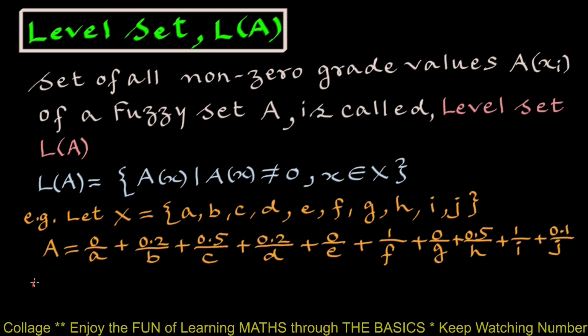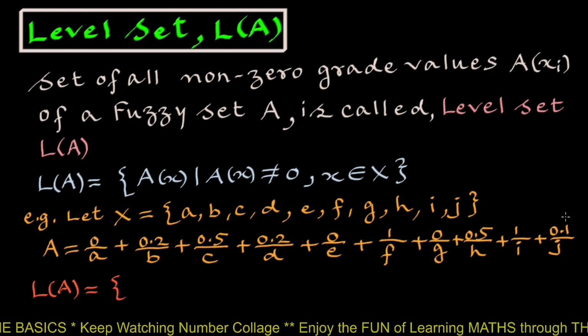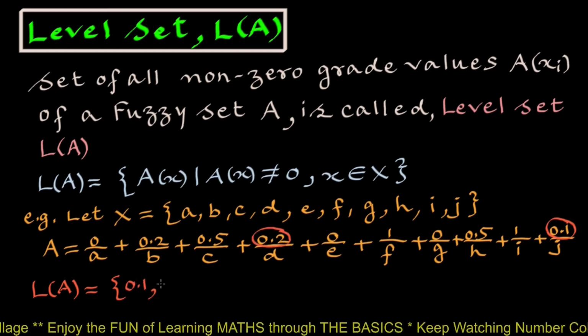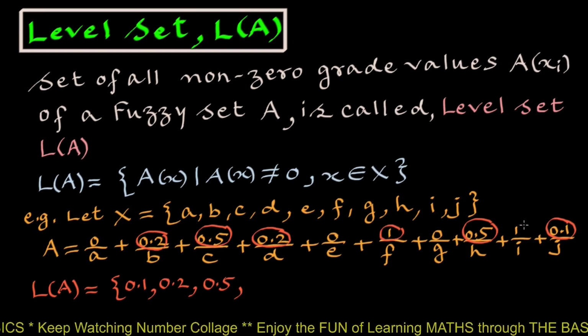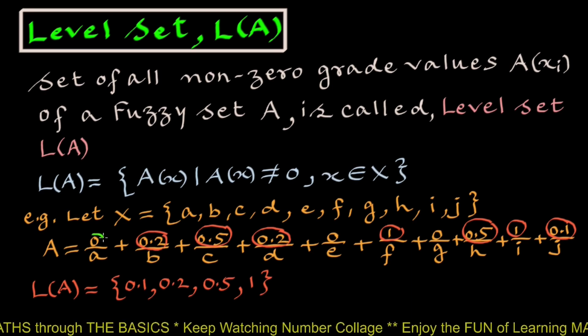Then level set L of A is all non-zero grade values of A, such as this 0.1, this 0.2, this 0.5, and this 1. Note that we have excluded grade value 0.